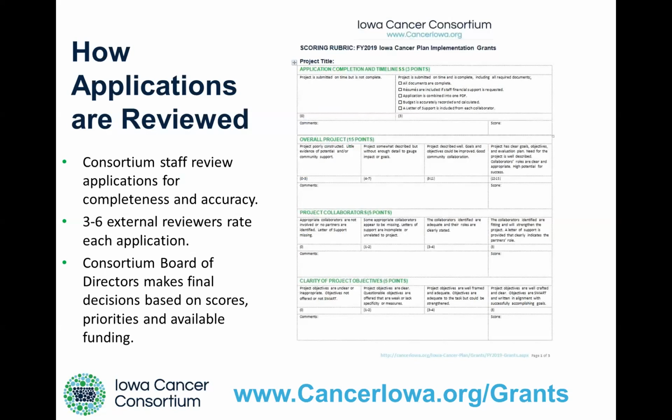We will score the application completion and timeliness for our reviewers, just to make sure that they are informed of how complete your application was and if everything is in line, and they will receive the entire package. Then we will have anywhere from 3 to 6 external reviewers rate each application, score, and provide comments. Finally, our board of directors will make final decisions based on the scores, priorities, and available funding that we have. So again, those are externally reviewed.